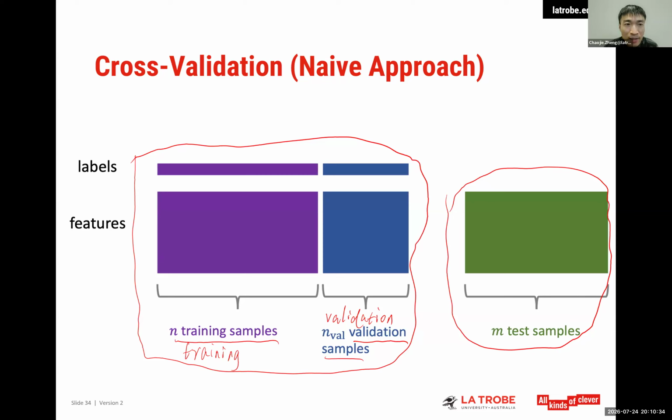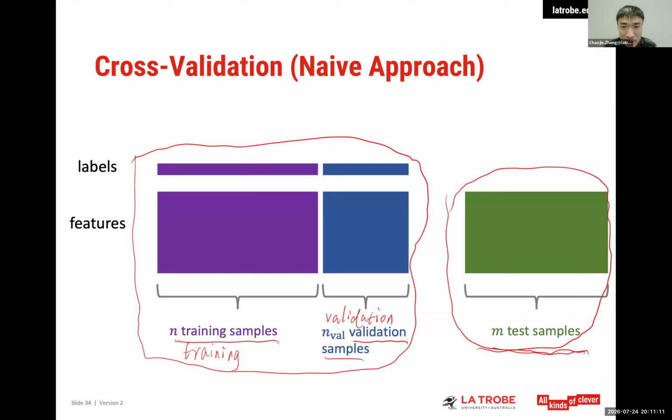After we find the optimal p-value, we are going to use the testing dataset to just report the final performance of the optimal model with the optimal hyperparameter values. So this time, the testing dataset will not be used to evaluate all the models. It is only used to evaluate the performance of the best model, just for reporting purpose.